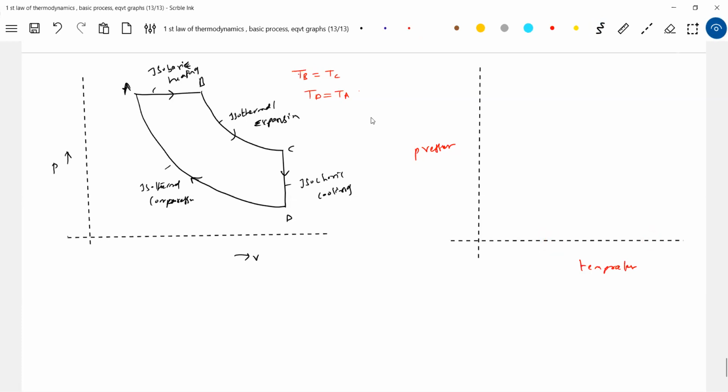What about pressure? Pressure PA equals PB, and PC and PD are there, so three values of pressure are there. First, what is an isobaric process? It should be a constant, horizontal line. Shall I go for a horizontal line? Rough guess I'm making. Okay, here.